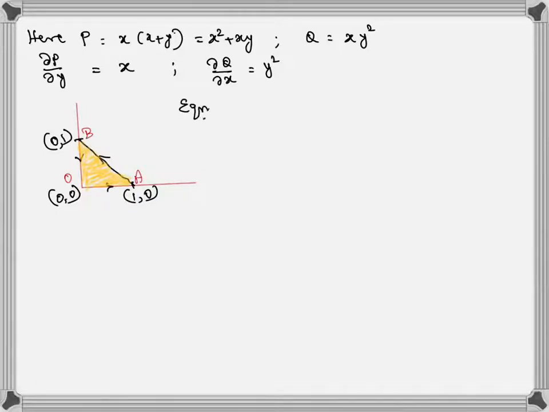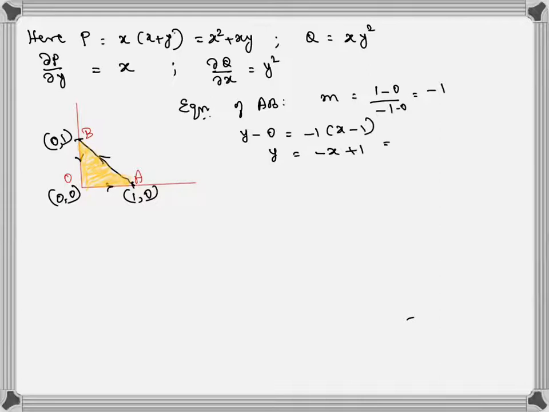We call the vertices O, A, B. Then the equation of line AB we can find by getting its slope first, which is negative 1. Then using the formula y − y1 = m(x − x1), we get y = 1 − x, which is the equation of line AB.